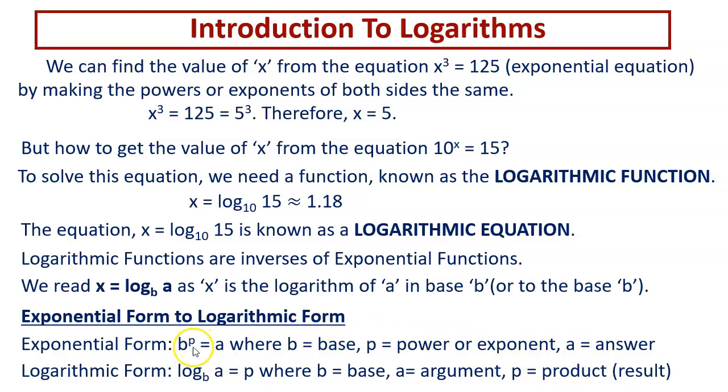But this p is the only letter which is remaining, which has to come to this side of the equal to sign. Okay, so this is how you change the exponential form to logarithmic form and vice versa. And we will be doing questions of conversion from exponential form to logarithmic form or logarithmic form to exponential form in our future sessions. But this is all for our today's session.